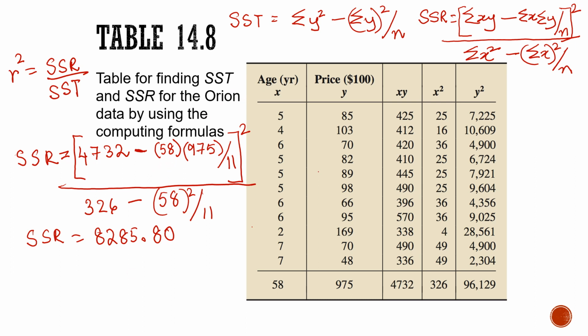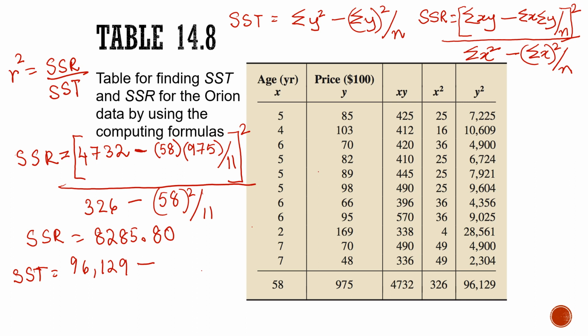For SST, to calculate SST, all right, it's sigma y squared. So sigma y squared is 96,129. So 96,129 minus sigma y is 975, this value here.